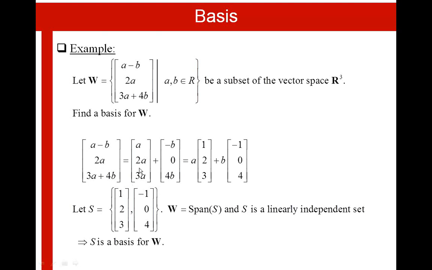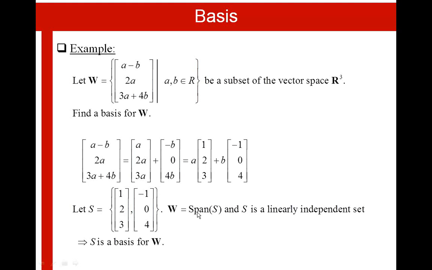can be divided into two vectors in terms of A and B. And we can take the two scalars A and B as factors to obtain A times (1, 2, 3) plus B times (minus 1, 0, 4), these two vectors. Therefore, S is equal to the set of (1, 2, 3) and (minus 1, 0, 4).